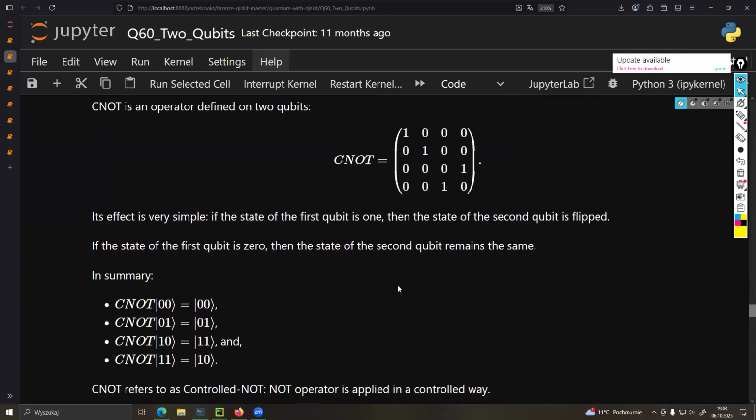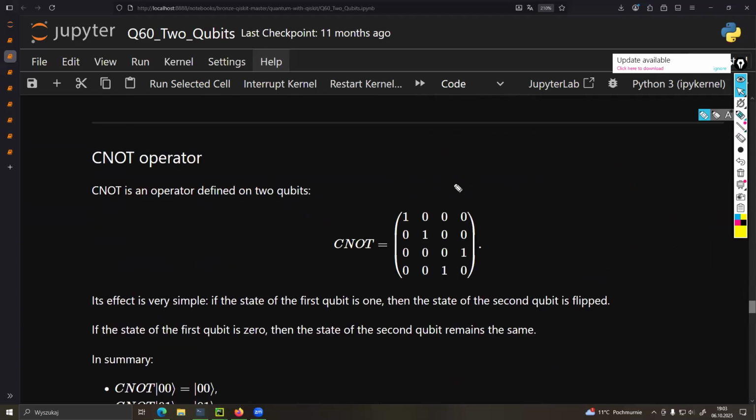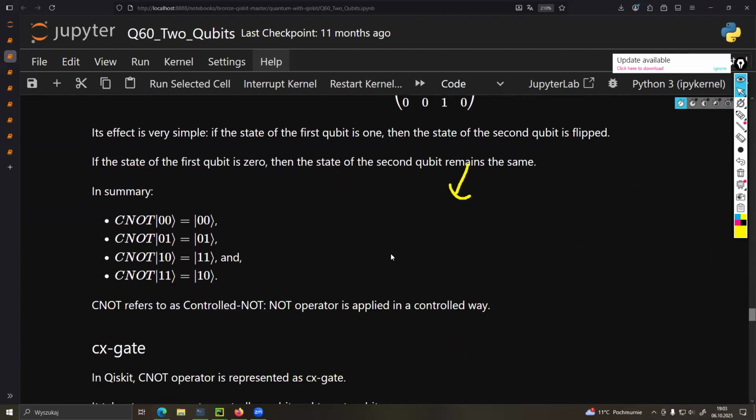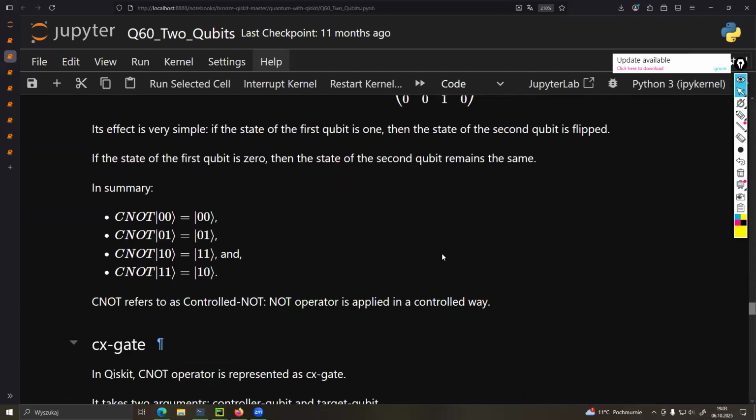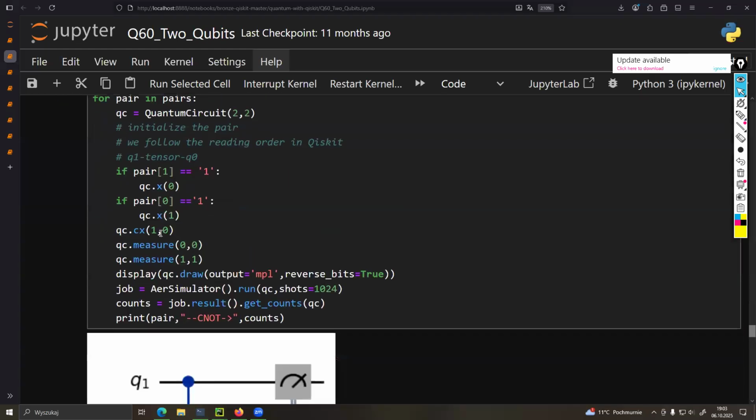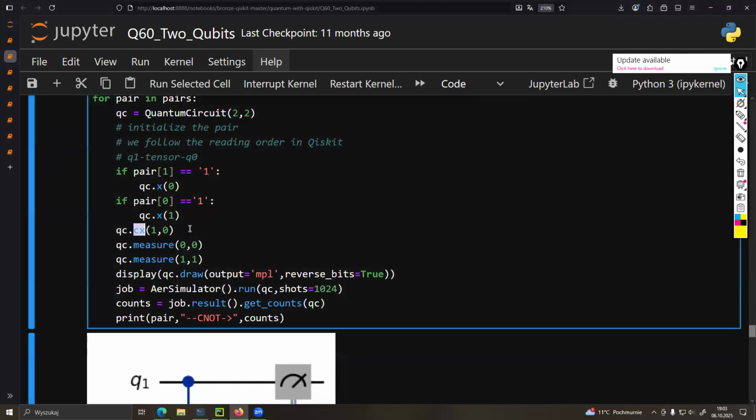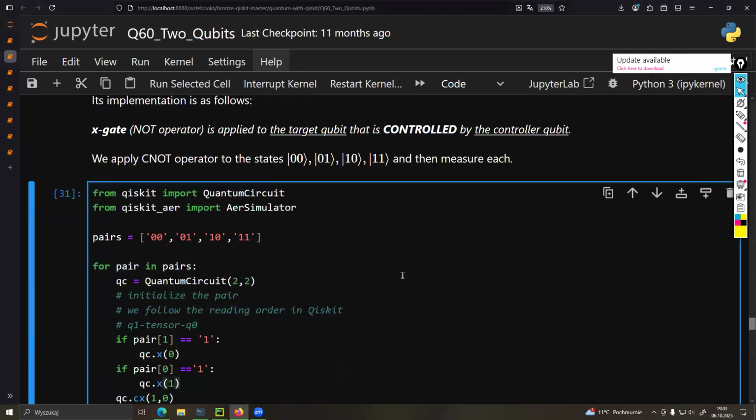And now we have a CNOT. So the CNOT is exactly the same operation as we have done with the classical probability. Here, it is denoted as the CX operation.